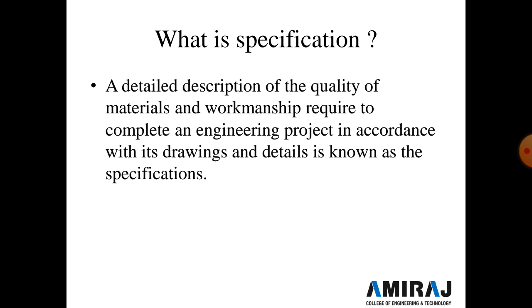In a drawing only the dimension is given, but not a detailed description, like the proportion. For example, when we use concrete, different grades of concrete are generally used. The grade of the concrete is not described or given in a drawing, but if we provide another supportive document, like a specification document, then in this specification we describe or give details of the different items or workmanship in an easy form.